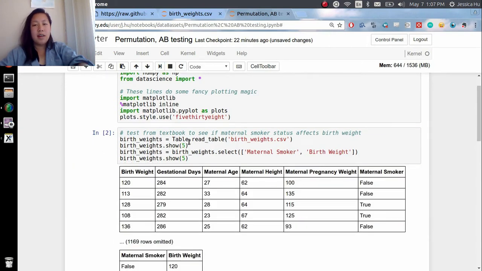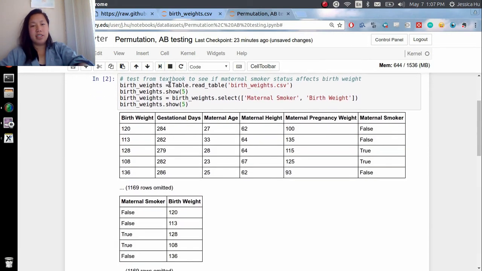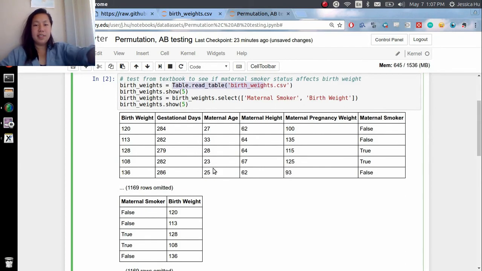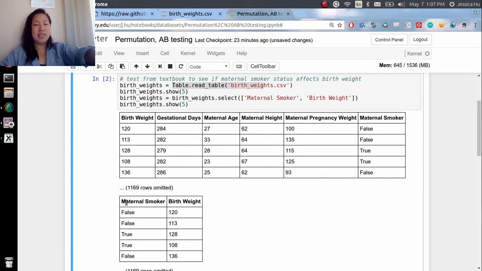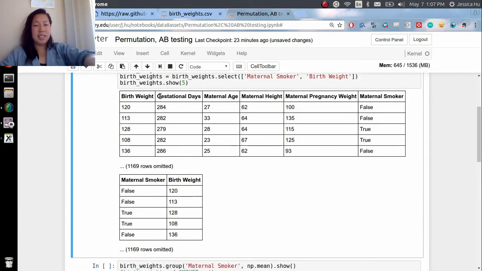Okay, so here I read in the straight up CSV, and that's this first table. The second table is me selecting, because this includes gestational days, maternal age, height, weight, which I don't really care about, so I just selected out maternal smoker status and the birth weights from these mothers.